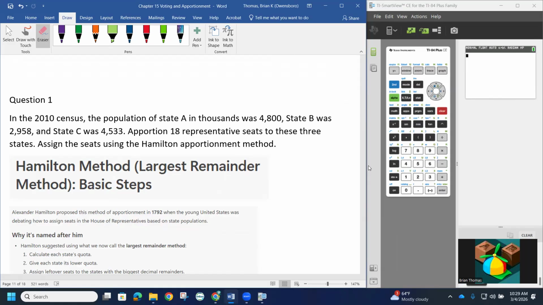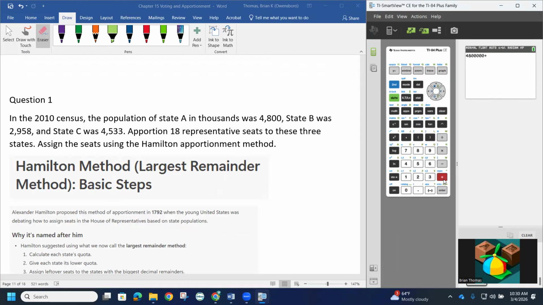So we just talked about that. One thing in the Hamilton method is we needed to determine the total population. Now, one way of doing it is to add the thousands into the problem. So this really is 4,800, and thousands means add three more zeros. So that really means 4,800,000.